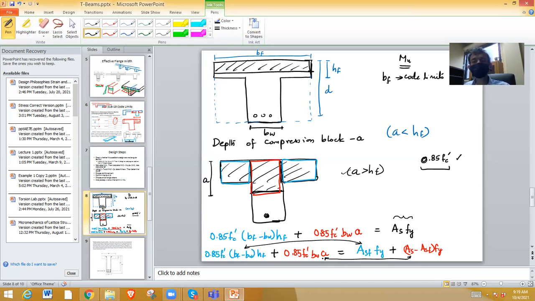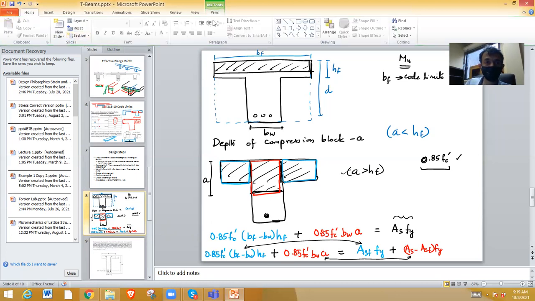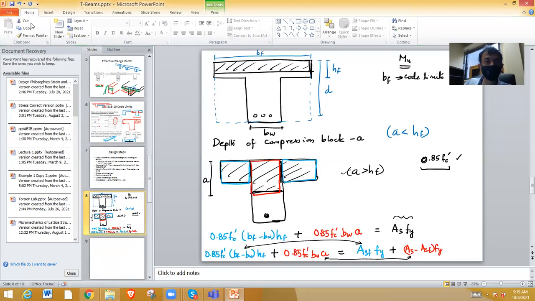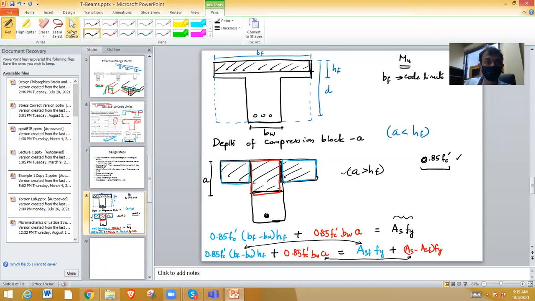We don't really need to. We can do the whole thing as one. Even in doubly reinforced, we can just analyze the whole thing as one beam. We don't need to break up like this, but if you do, it makes our job easier. Why easier? Because now you can write, let's go back.